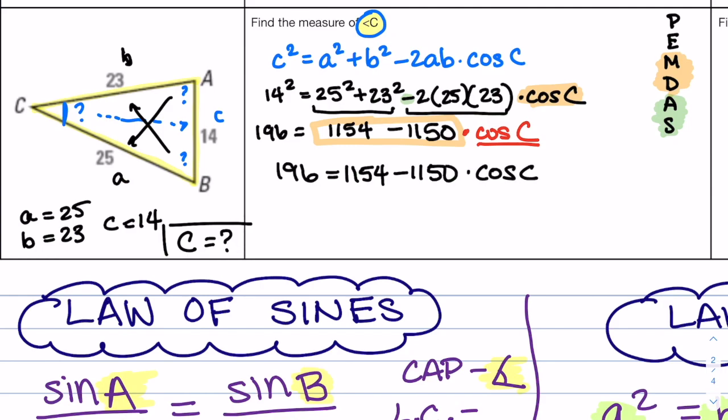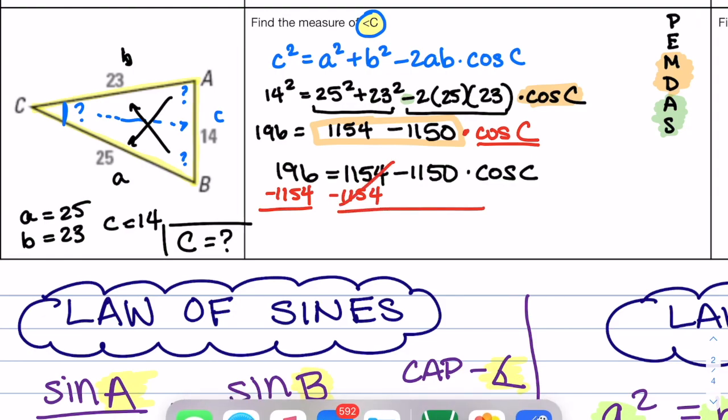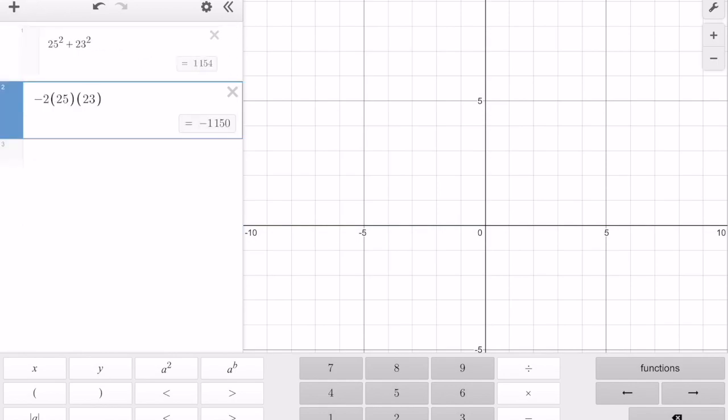Okay, so what you're going to have to do is, just like any other equation, get rid of this first. So I'm going to do minus 1154 on both sides. 196 minus 1154.